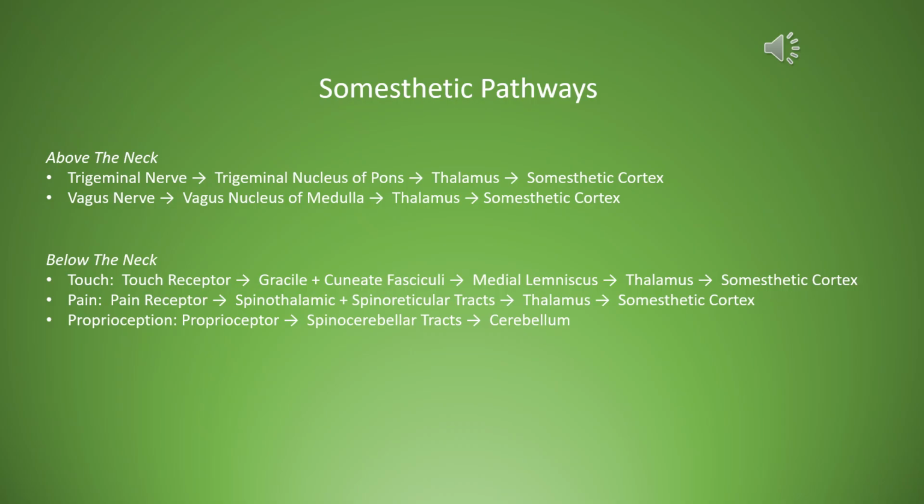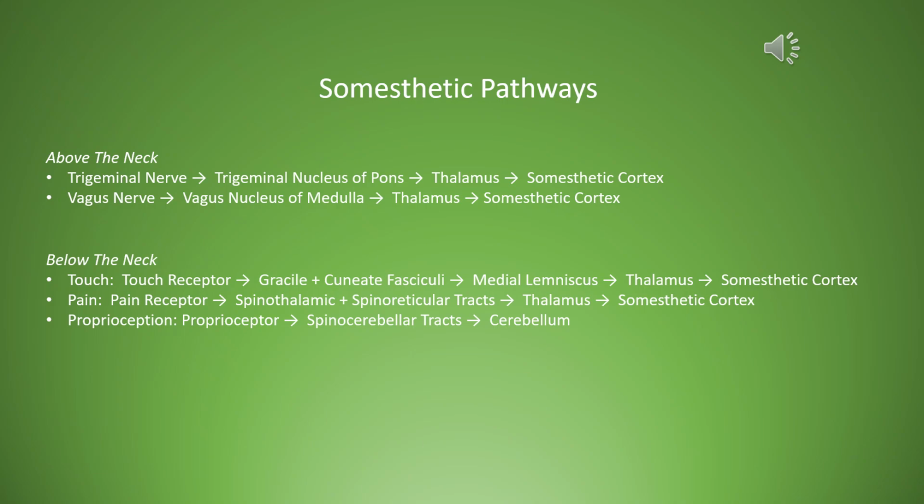Pain signals. Well, we have pain receptors. They're called nociceptors. They are going to travel by way of the spinothalamic and spinoreticular tracts. So our pain pathway there, coming from the receptor to the spinothalamic tract in the spinal cord, that's neuron number 1, to the thalamus, that's neuron number 2, from the thalamus to the somesthetic cortex, neuron number 3.